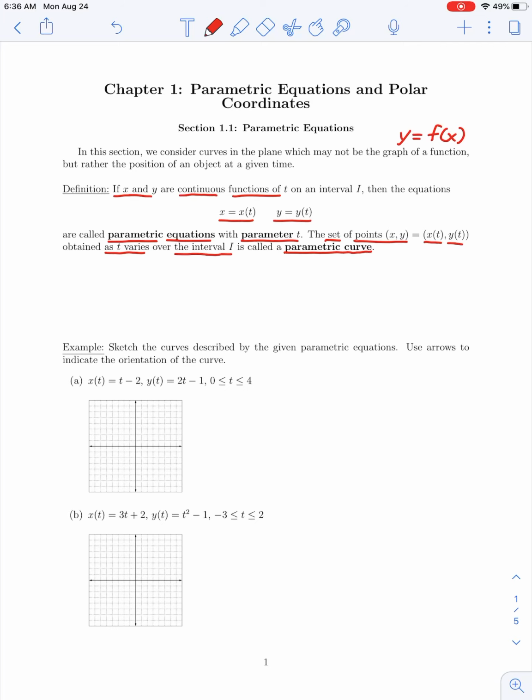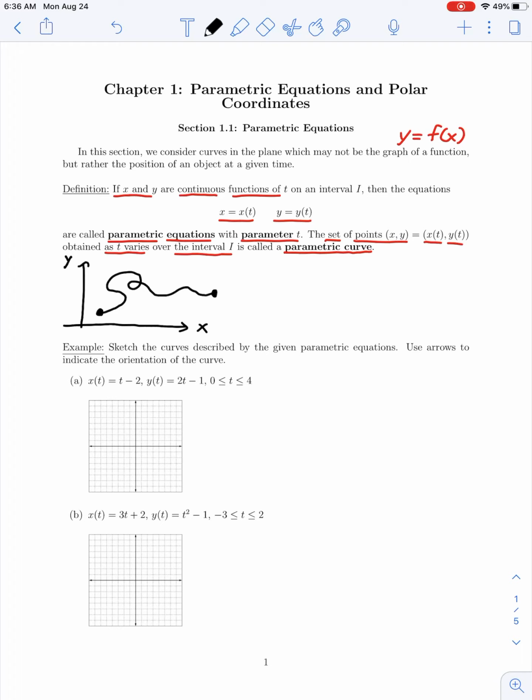So as an example, let's say in the plane, maybe the first quadrant of the xy plane, we have some curve that maybe looks something like this. And we start at some initial point.